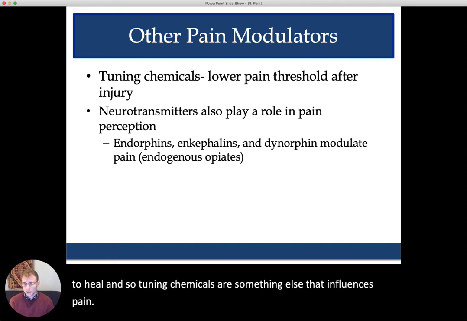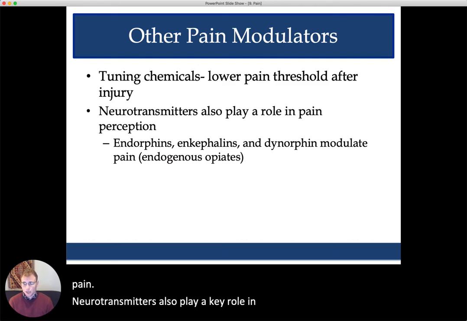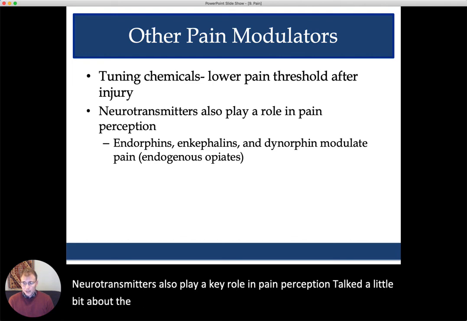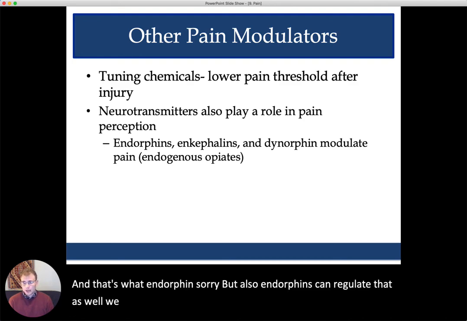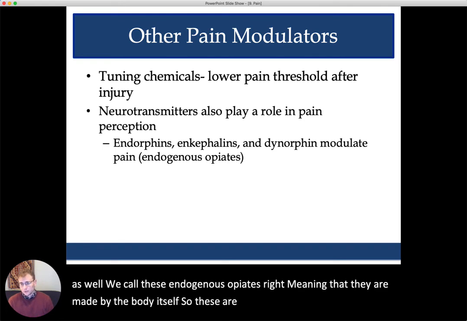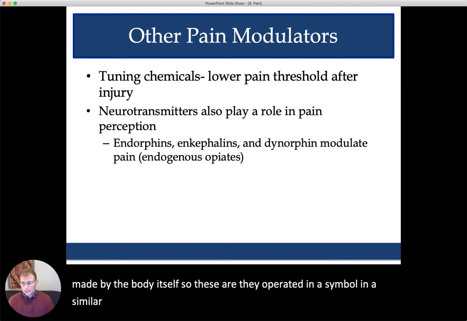Neurotransmitters also play a key role in pain perception. Talked a little bit about the role of adrenaline already, but also endorphins can regulate that as well. We call these endogenous opiates, right? Meaning that they are made by the body itself. So they operate in a similar way as when we take opioids, or very serious painkillers.